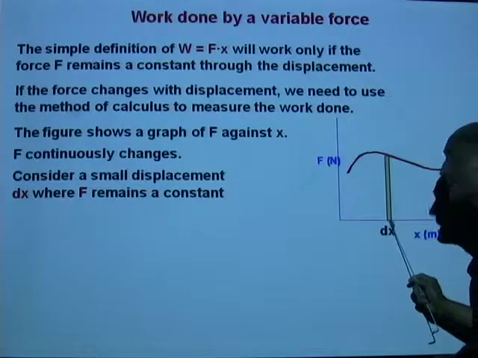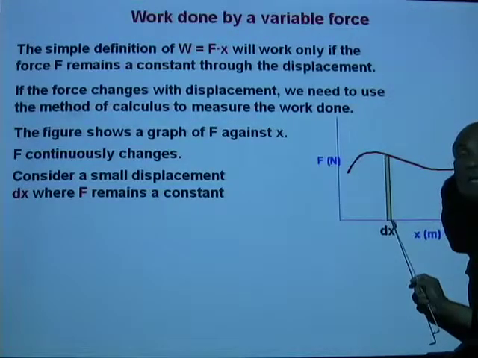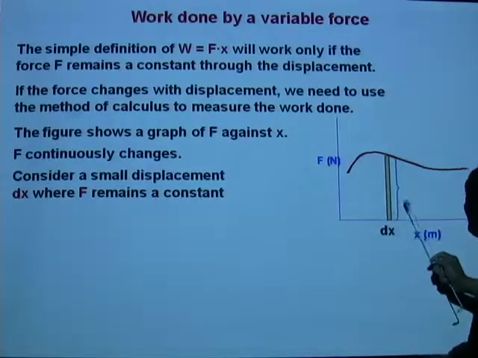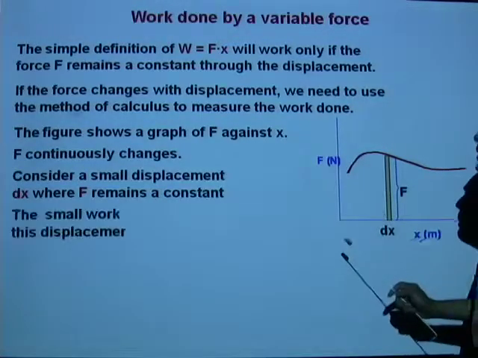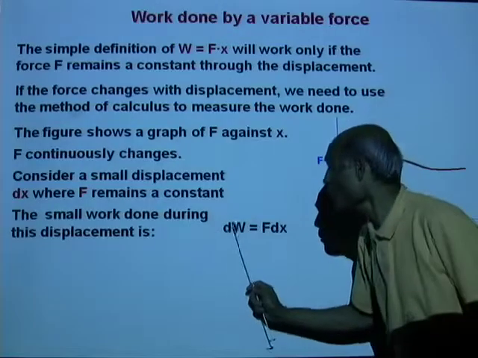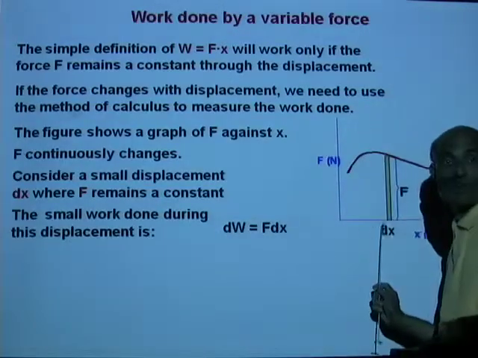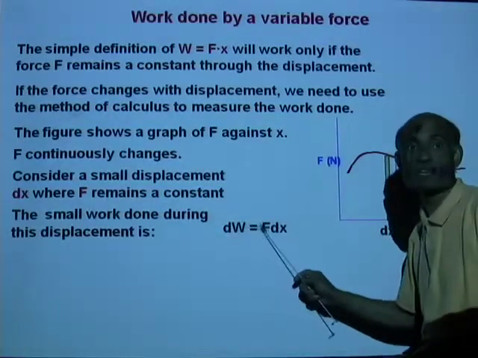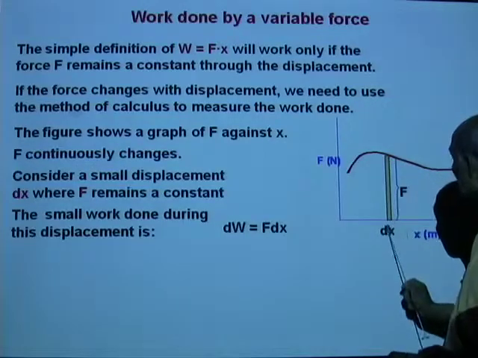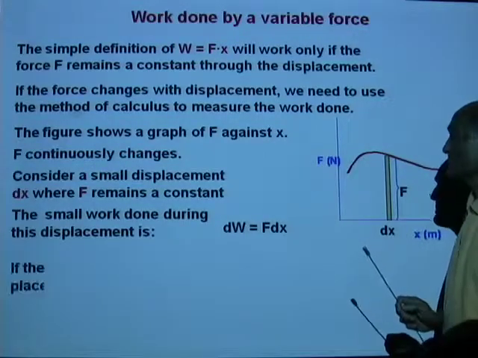We will assume that during this displacement dx, the force remains constant. And so, what is the small work done during that small displacement? dW equals force multiplied by dx.